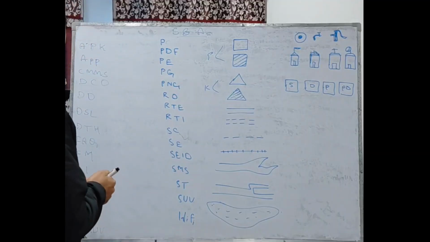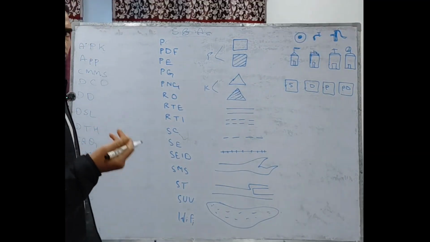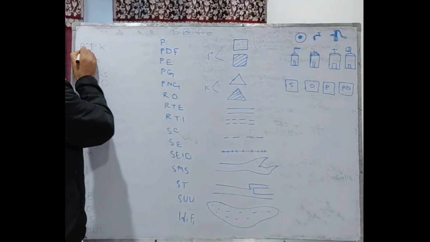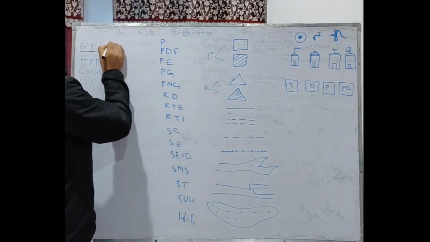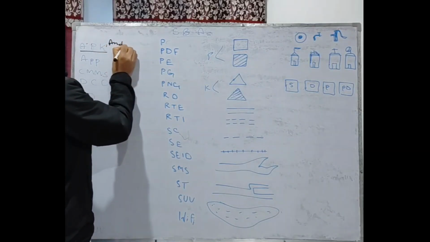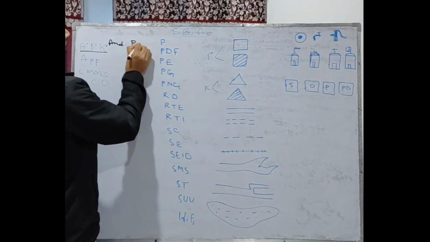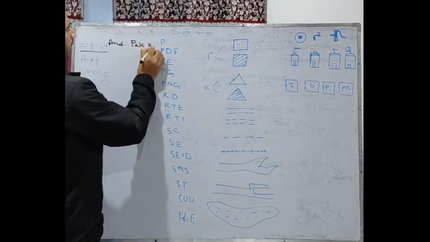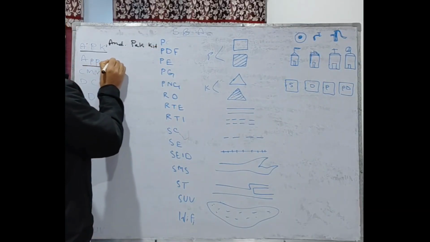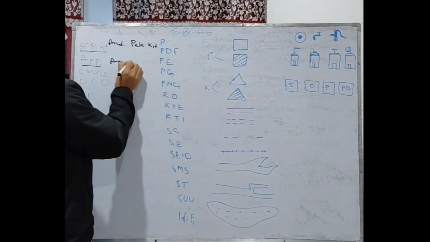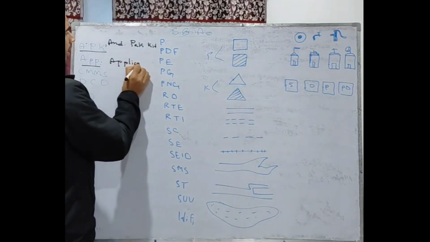Let us start. You may be asked anywhere, you may require this abbreviation APK. You know that APK stands for Android Package Kit. And second one is app, and you know that it stands for application.